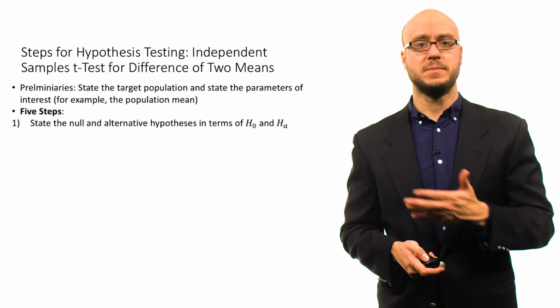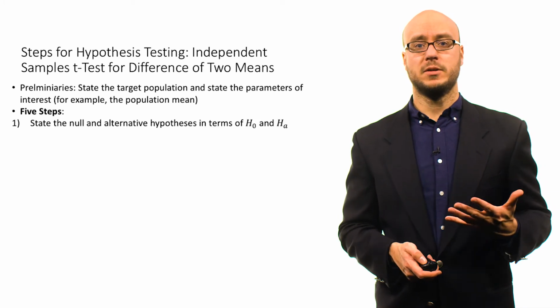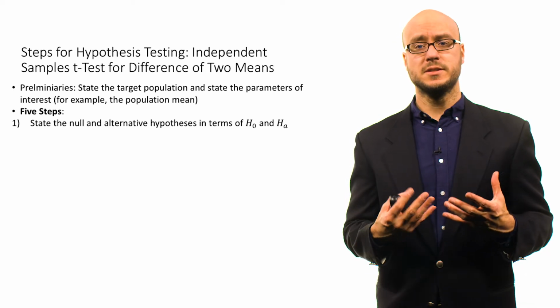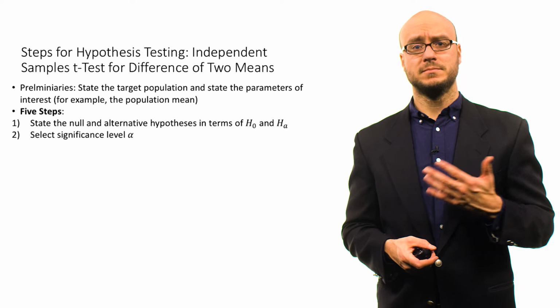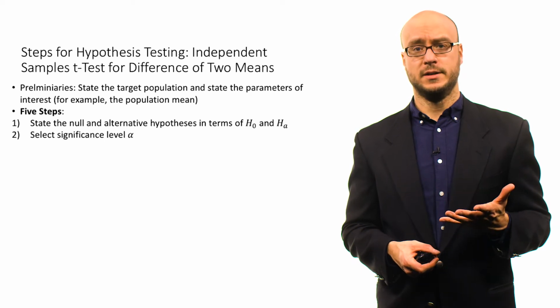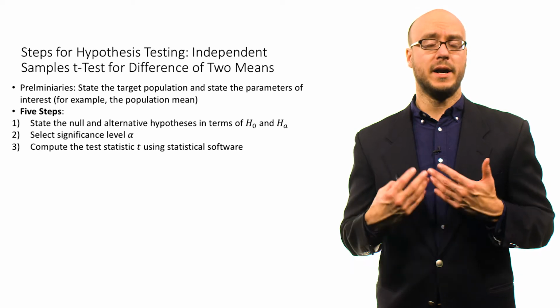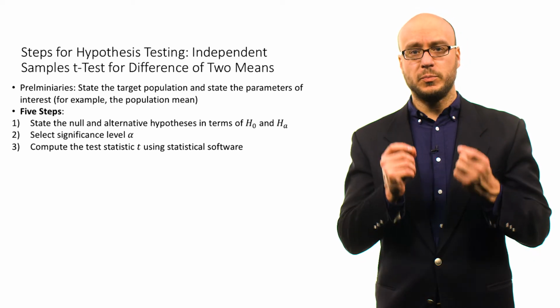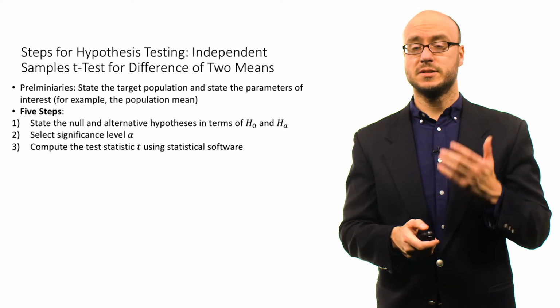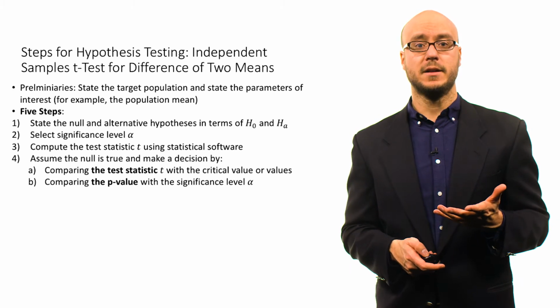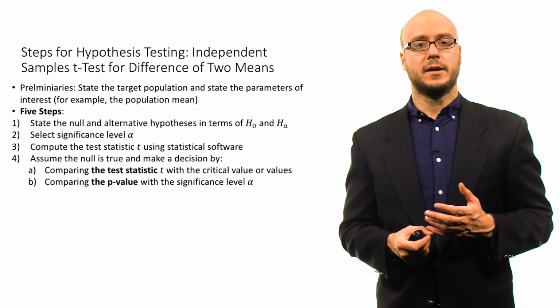And then we have several steps. These steps are similar to what we've been talking about before. First step is you want to state the null and alternative hypotheses. The next step is you want to select a significance level, alpha. Typically, we'll use an alpha level of 0.05 by convention. Then you want to compute the test statistic t using statistical software. We will not calculate this by hand. It's really a pain to calculate.